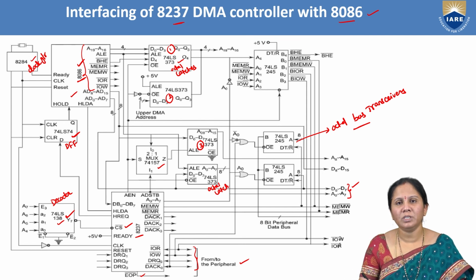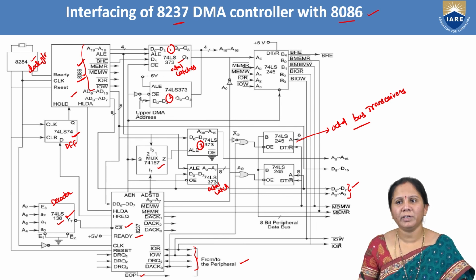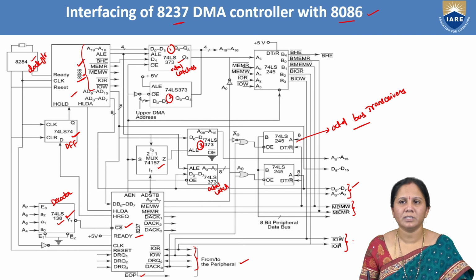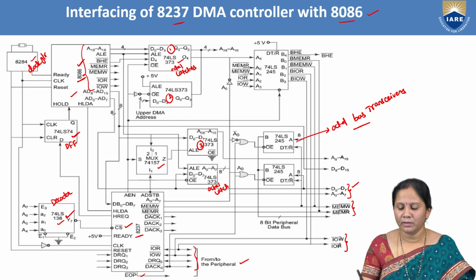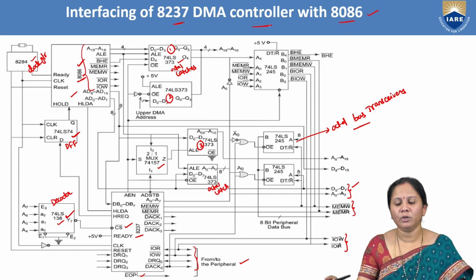In the 8237 DMA controller, cascading is also possible; if the number of channels needs to be increased, they can be increased. Memory to memory data transfer is also available, so here we have memory read, memory write, IO read and IO write signals. This is how we have to interface the 8237 DMA controller with the 8086 microprocessor.